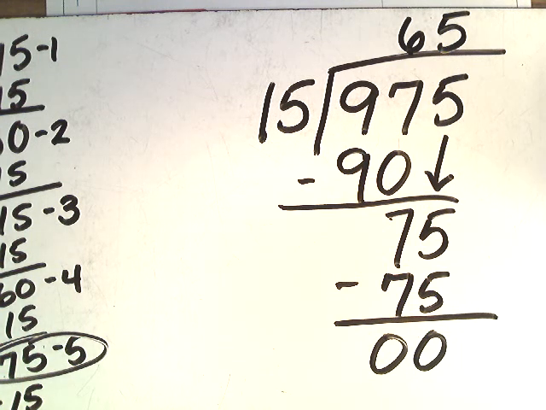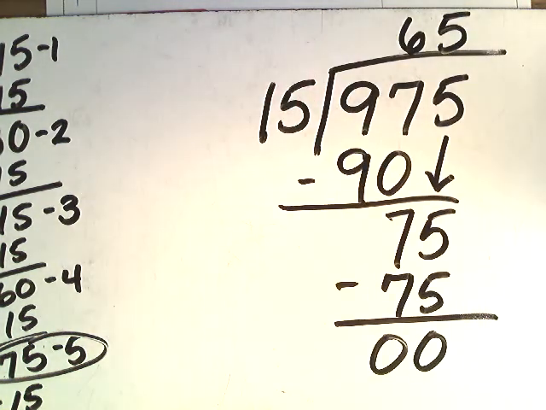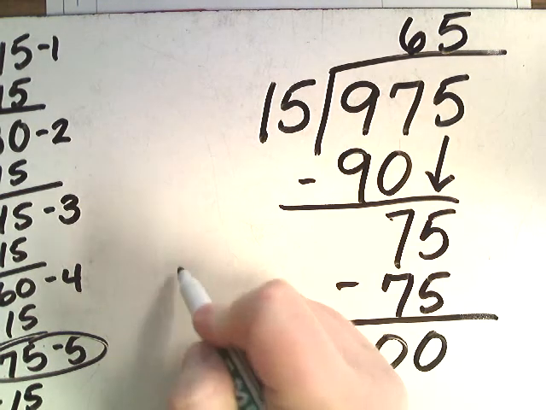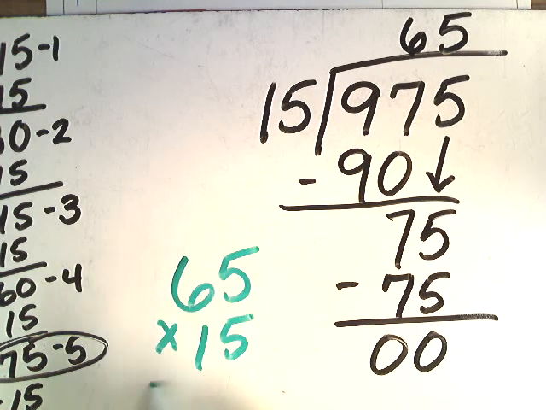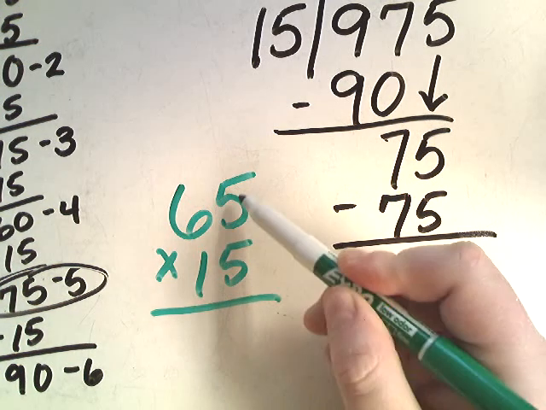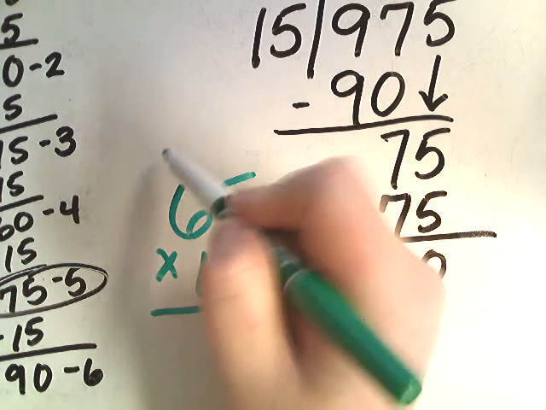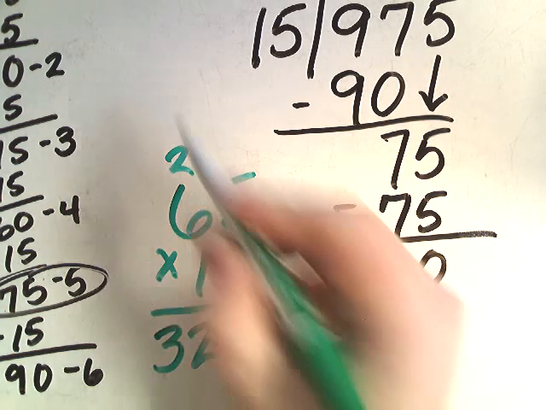Let's check our answer. I'm going to use green. We're going to take the number we got, which is 65, and we're going to multiply it by that divisor, which is the number outside the cage. We always put the big number on top and the smaller number on bottom when we stack it. Let's do that math. 5 times 5 is 25. Carry the 2. 5 times 6 is 30, plus 2 more is 32.